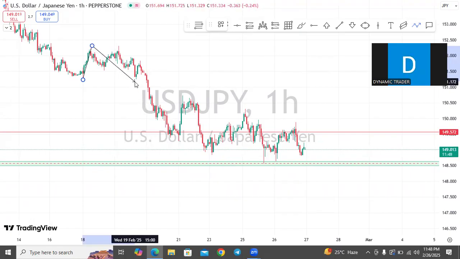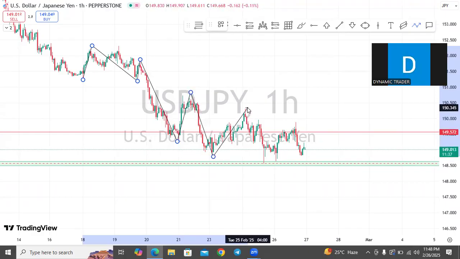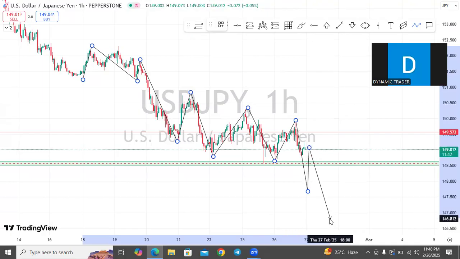If I mark out here, I would say this is a lower high. So we want to see a lower low, then a lower high, which is going to make a retest here. Or as an SMC trader, we look for the discount zone, then we trade to the downside.